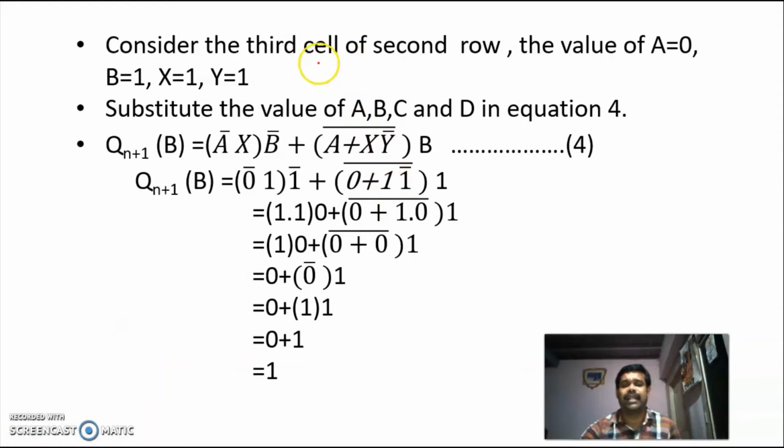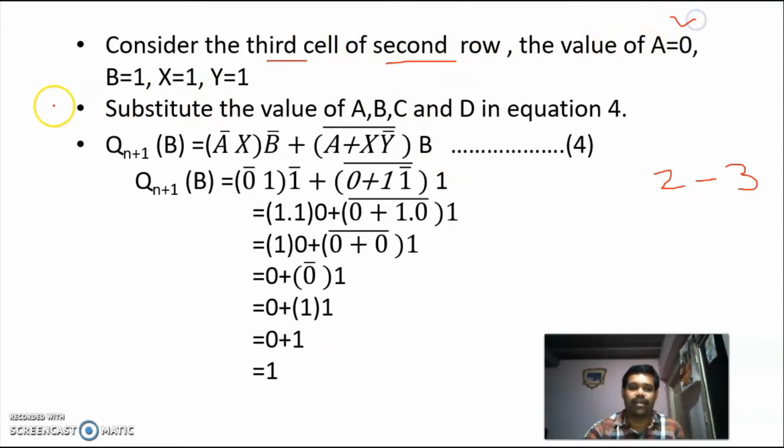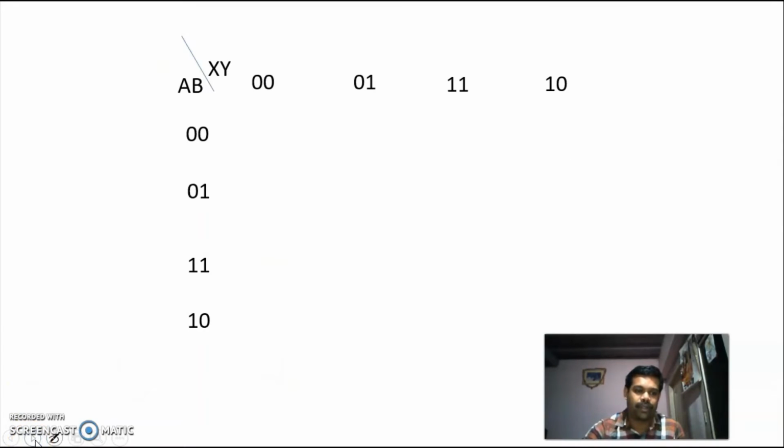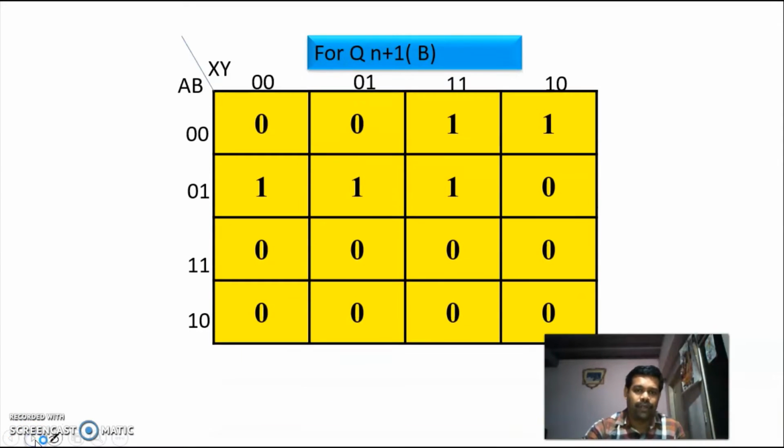Next we are considering the third cell of second row. The value of A is 0, B is 1, X is 1, Y is 1, and we are getting the value as 1. So first we considered the second cell of third row, where the value is 0, correct.